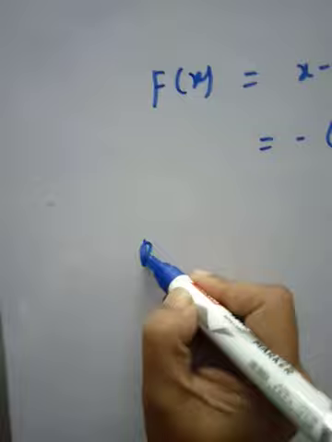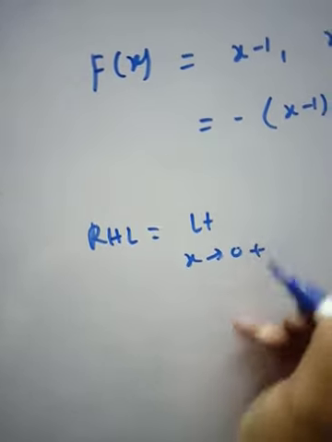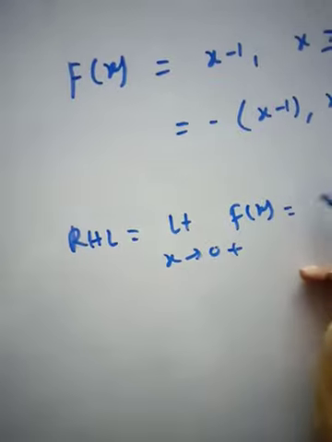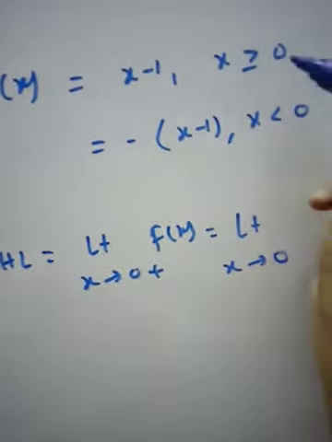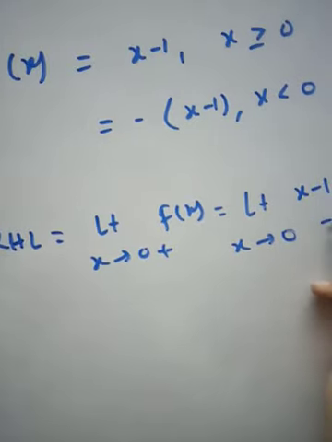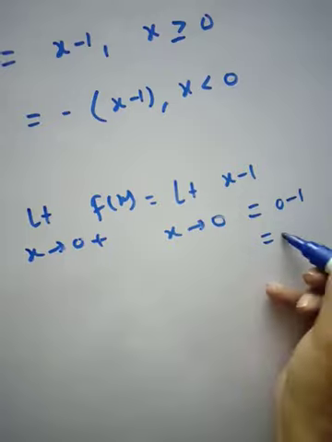Now mathematically, how to say? Mathematically by using right hand limit and left hand limit. The right hand limit is limit x tends to 0 plus f(x), and for x greater than 0, f(x) is x minus 1. Putting 0 in place of x, it will be 0 minus 1, so minus 1.